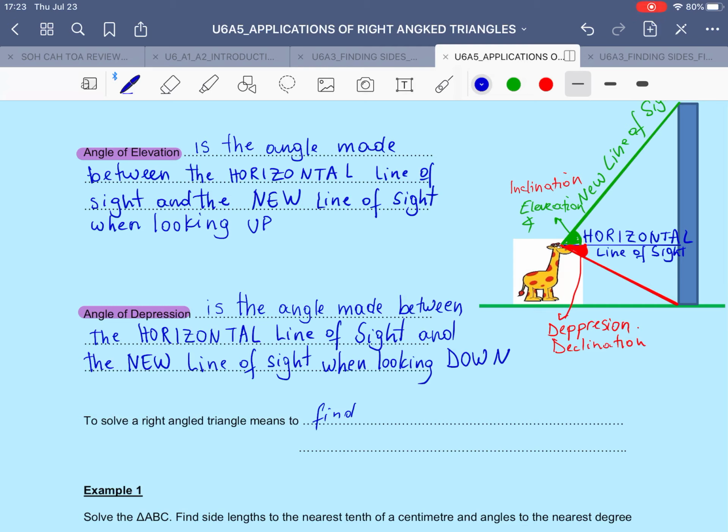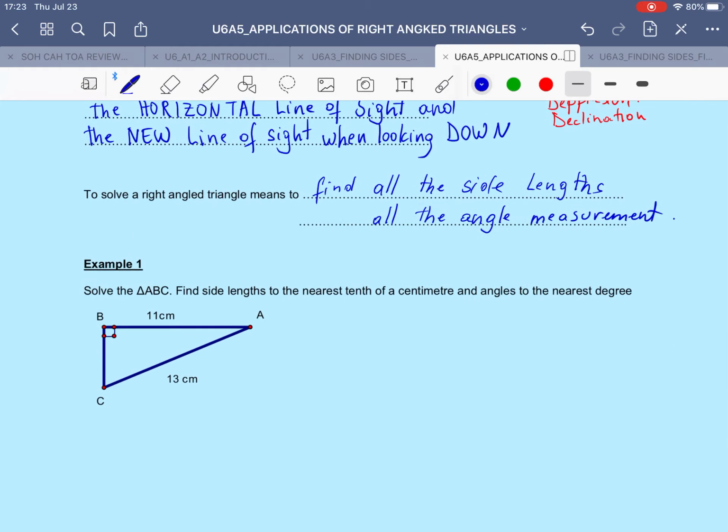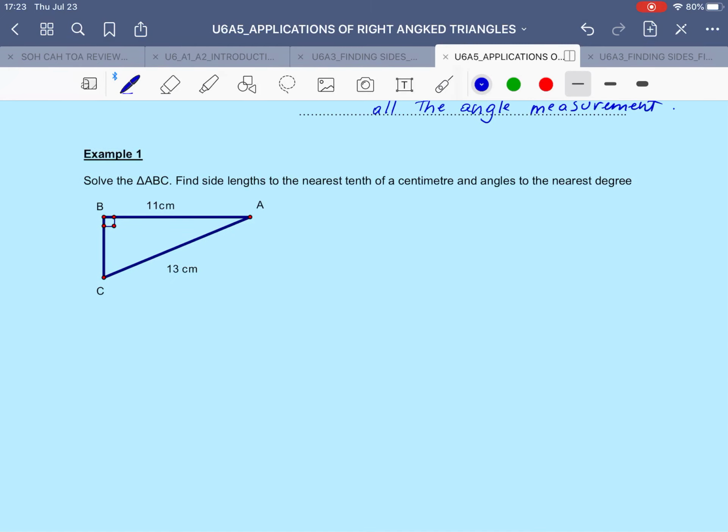So to solve a right angle triangle means to find all the side lengths and all the angle measurements. And when I say all, actually, there's only two angles we have to find, basically, because we know one of them will be 90 degrees. Okay? So here we have our first example.